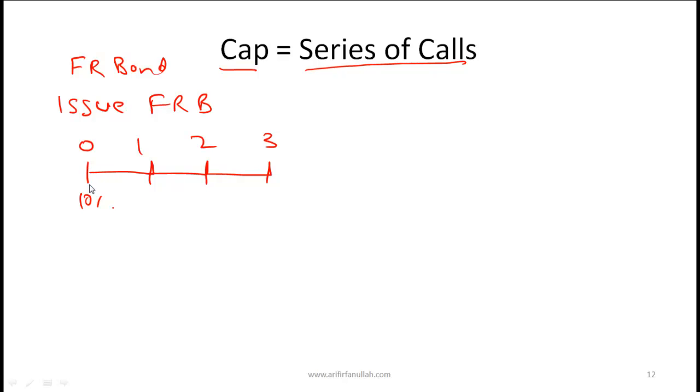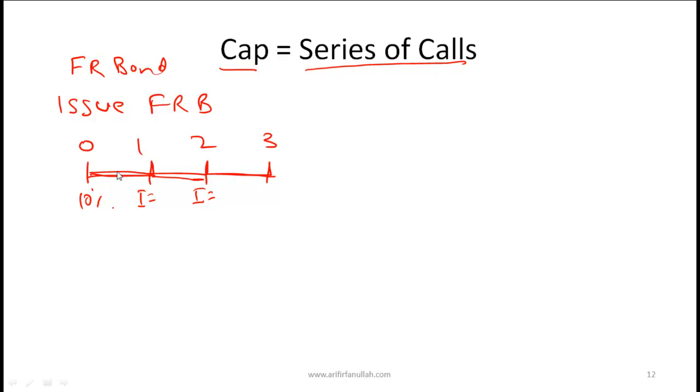and that means that at the end of period 1 you have to pay 10%. The amount that you pay at the end of period 2 is based on the interest rate at the beginning of period 2, and the amount that you pay at the end of period 3 will be based on the interest rate at the beginning of period 3.